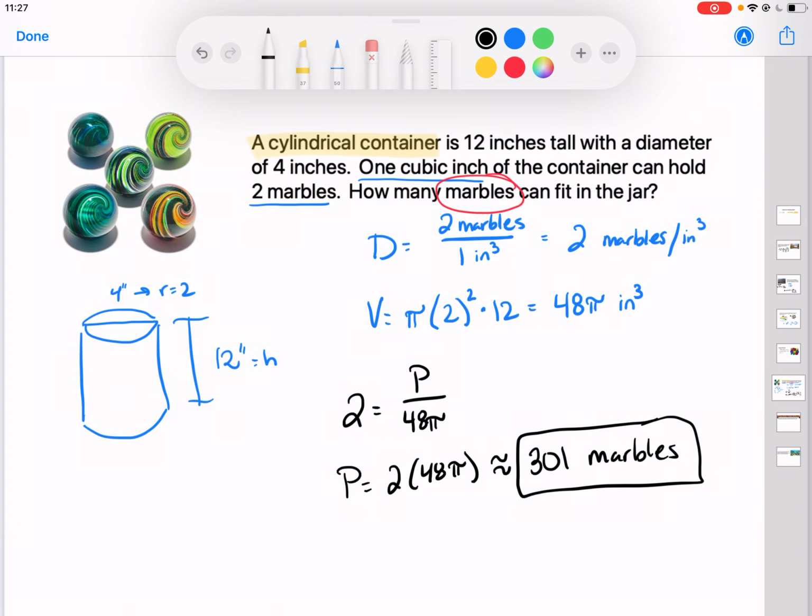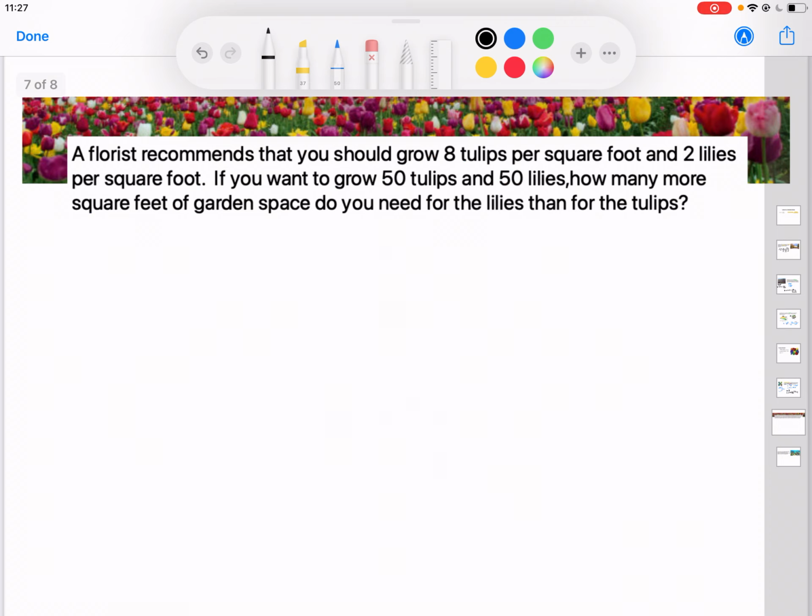Sweet. Let's do another. This one we've got a florist. Florist recommends that you should grow 8 tulips per square foot. So that's a density because they're saying it's 8 per square foot. So for tulips, we've got a density of 8 T per square foot.